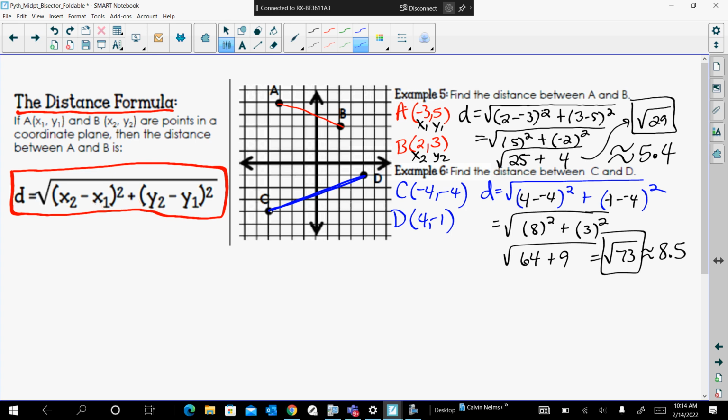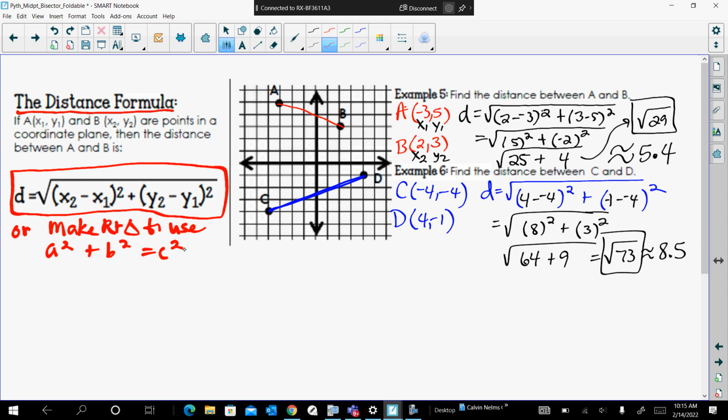If you're struggling with your integer rules or figuring out what number to subtract or what it comes out to be, you can create a right triangle. So the other option you can use instead of this formula is to make a right triangle and use the Pythagorean theorem.